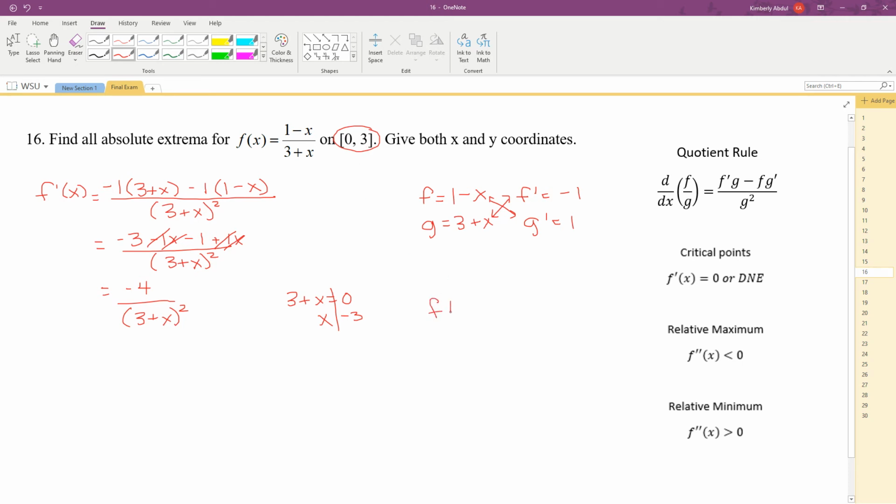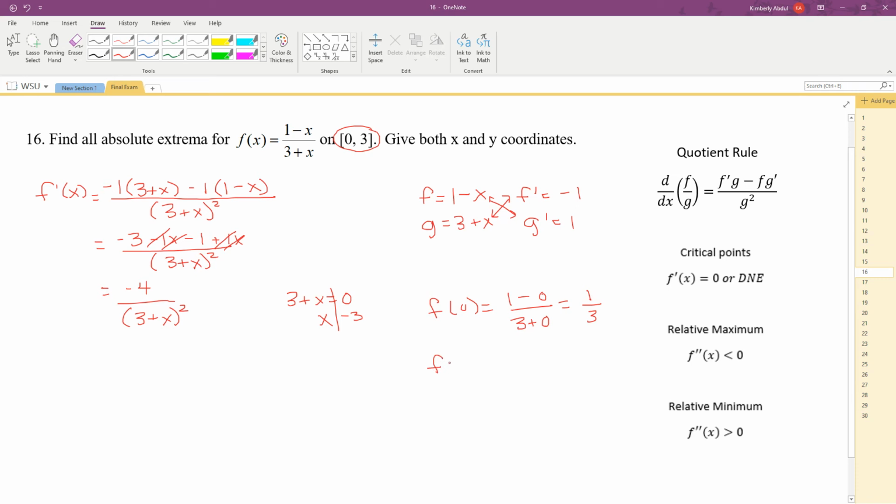So here I'm going to do f of 0 is equal to 1 minus 0 over 3 plus 0, so I'm just replacing the x's with 0. So that's going to give me 1 minus 0 is 1, and 3 plus 0 is 3. So there's that point.